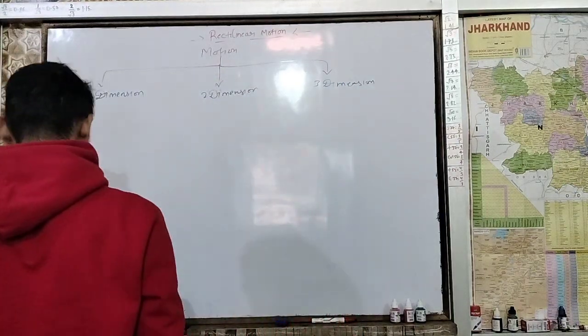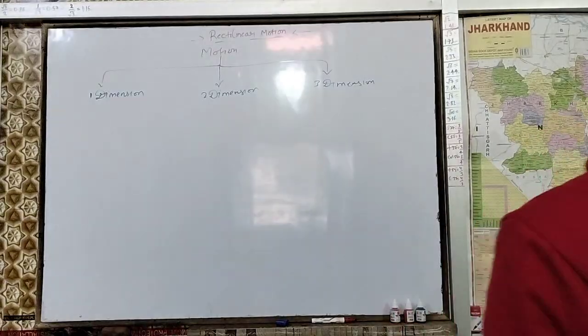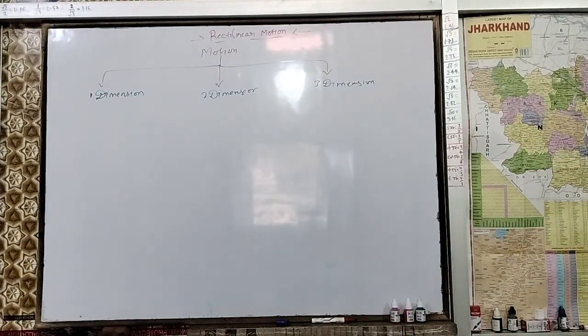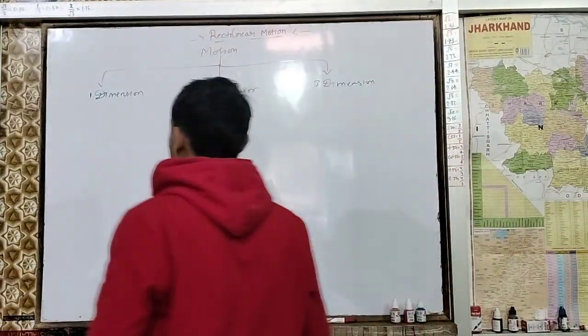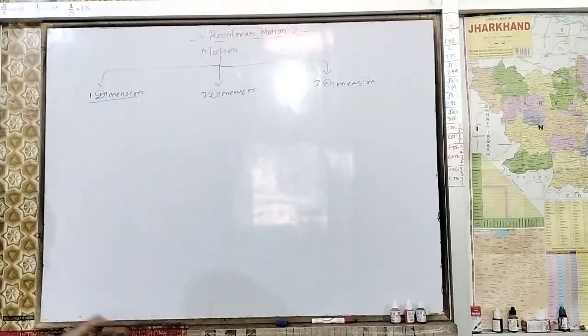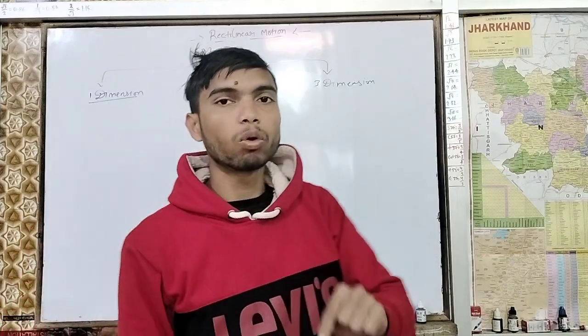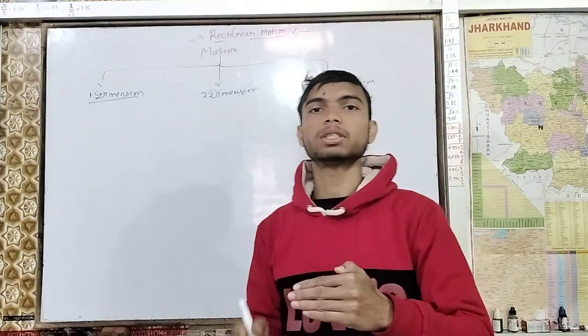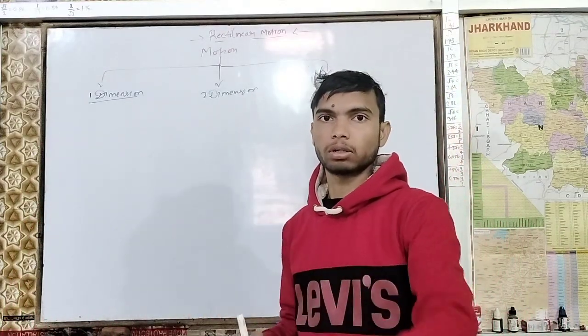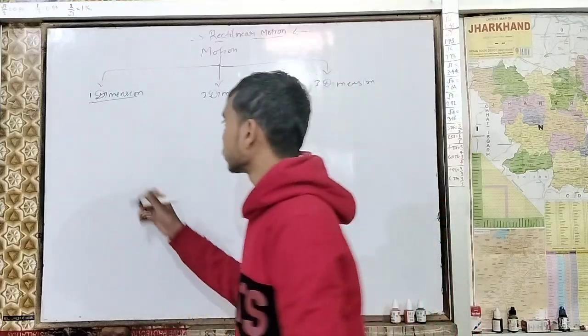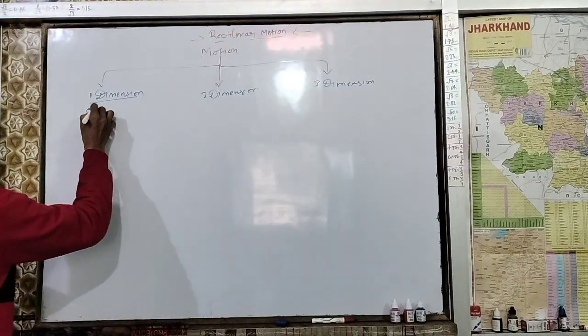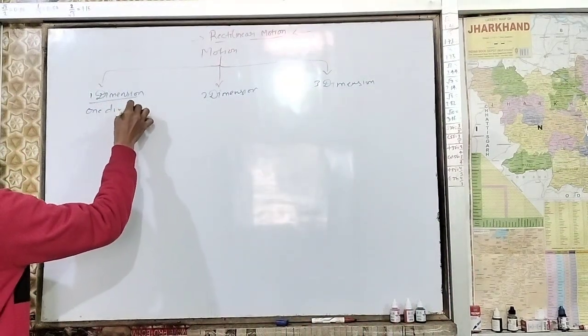Try to understand these three types of dimension. One dimension means only in one direction. One direction. Okay.